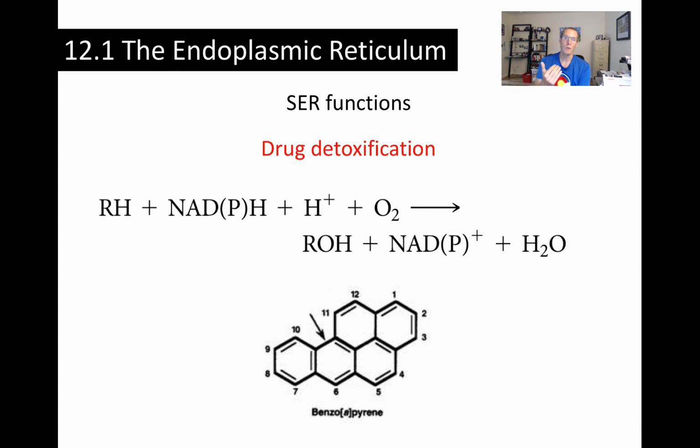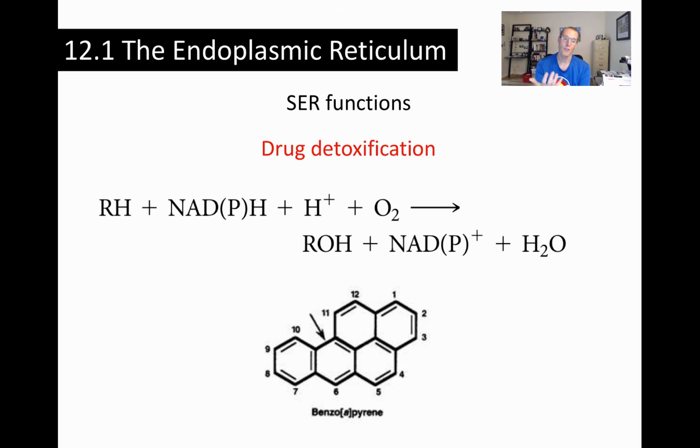That means you have to have more drug to get the same effect. This is because you get a proliferation of smooth endoplasmic reticulum, which is where you find these monooxygenases, the cytochrome P450s. And so this is one of the ways in which people become tolerant to certain drugs.